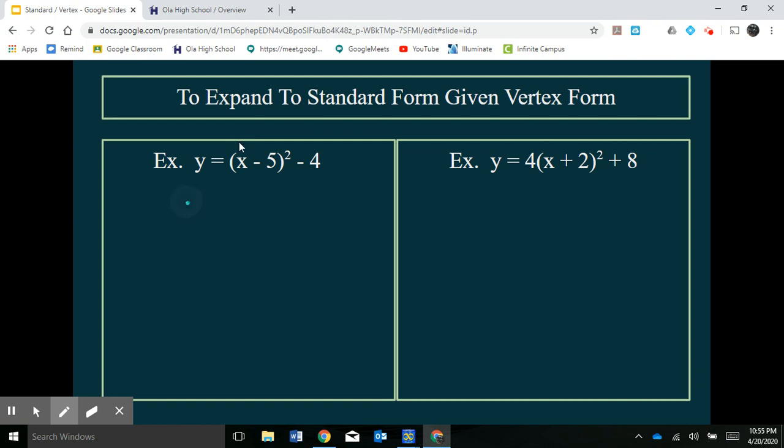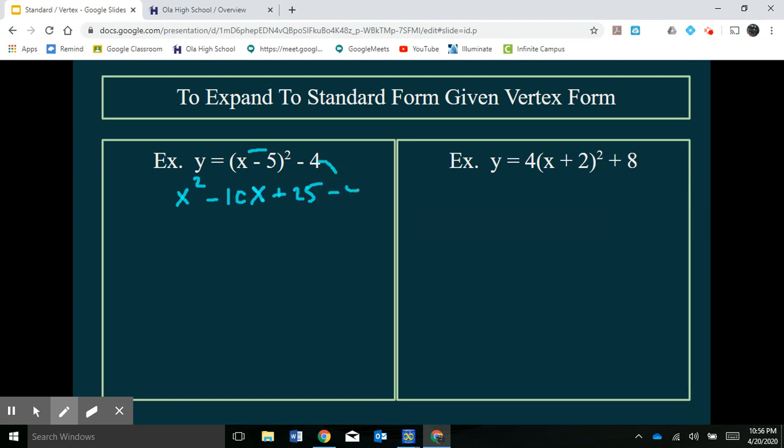So that's going to be square the first one, multiply these two together. So that's -5x and double it. So -10x. And then square the last one, plus 25. Don't forget this -4. The -4 is just going to drop down.